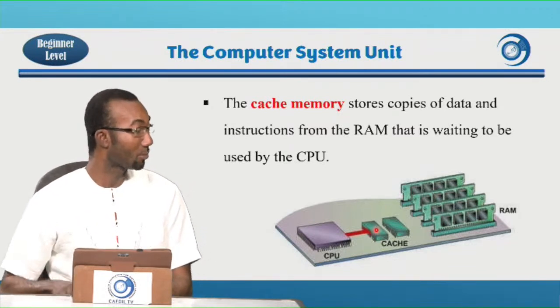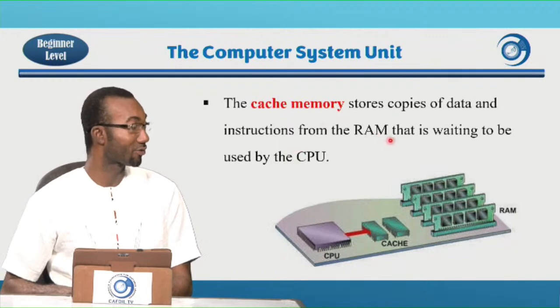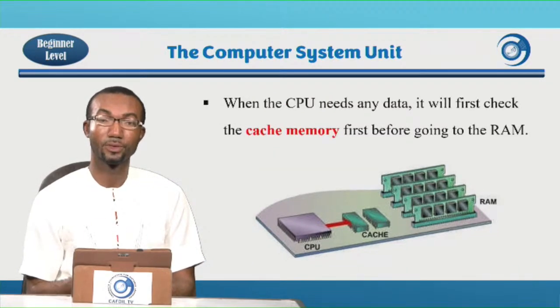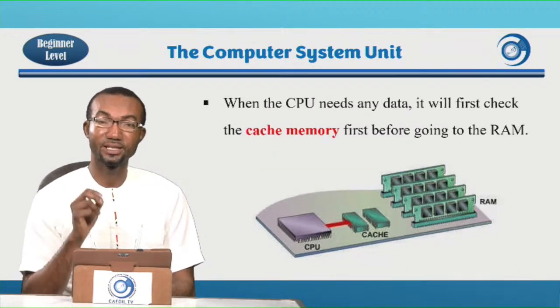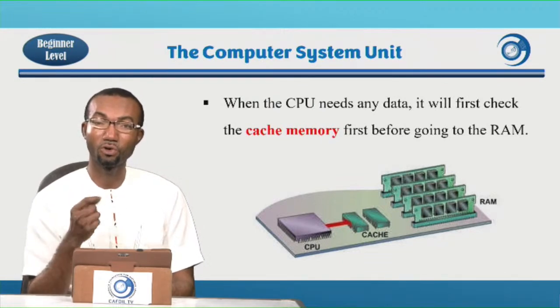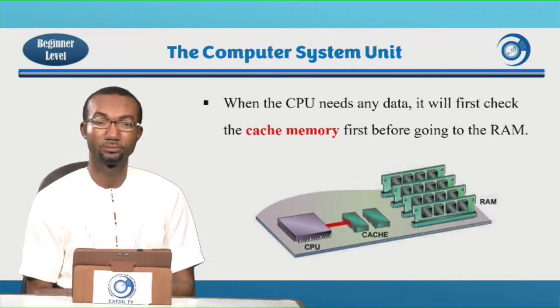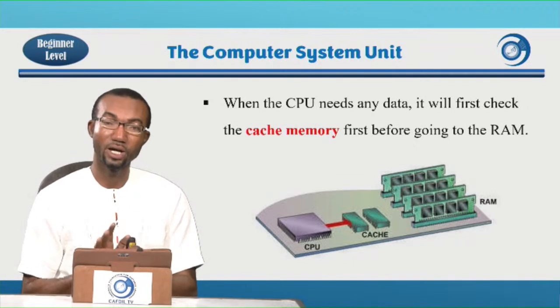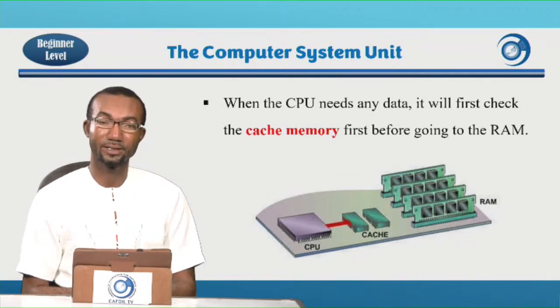The cache stores copies of data and instructions from the RAM that are waiting to be used by the CPU. When the CPU needs any data, it will first check the cache memory before going to the RAM. So if any data moves from the RAM to the CPU, it will go and rest in the cache. Then when the CPU is free, the data will move to the CPU.